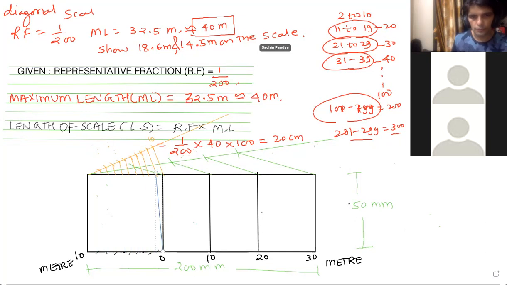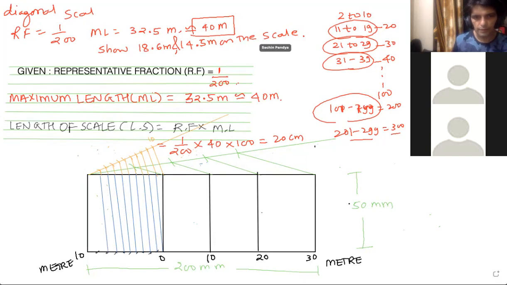I can join 0 to 1, 1 to 2, 2 to 3, 3 to 4, 4 to 5, 5 to 6, 6 to 7, 7 to 8, 8 to 9, 9 to 10, like this. And we'll divide this height into 10 parts. So you people know, right? This much.